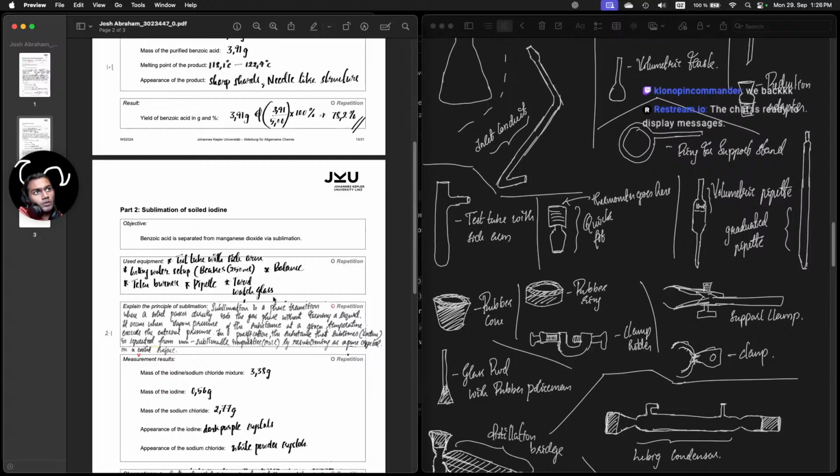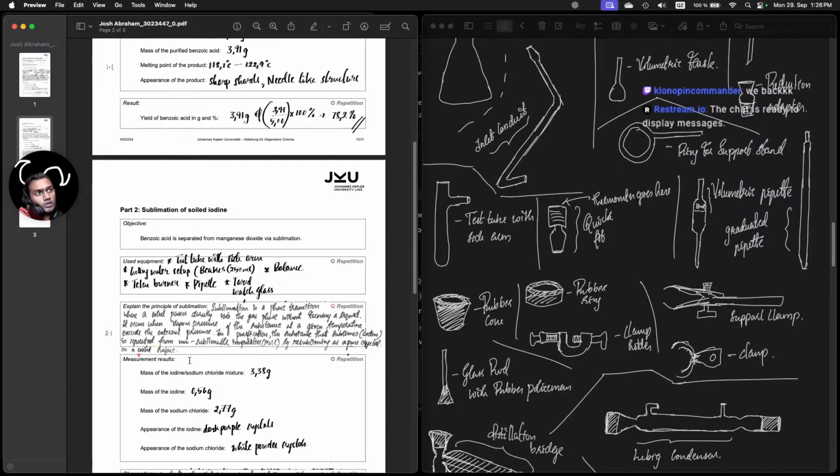Sublimation of soiled iodine. Test tube with sidearm, cooling water setup, balance, Tellurium burner, pipette, tared watch glass. Sublimation is a phase transition where a solid passes directly into the gas phase without forming a liquid. It occurs when the vapor pressure of a substance at a given temperature exceeds the external pressure.